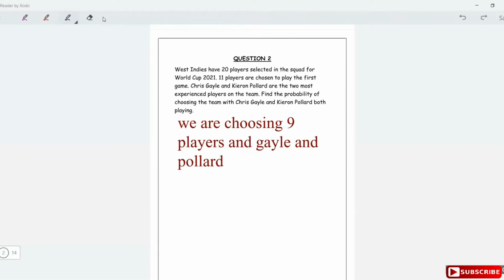So really and truly, to find the probability now of choosing a team with Gayle and Pollard, the probability of choosing, let me write 9 other players. I'm going to write 9P, comma, with Chris Gayle and Pollard. All right, probability of choosing 9 other players with Gayle and Pollard.